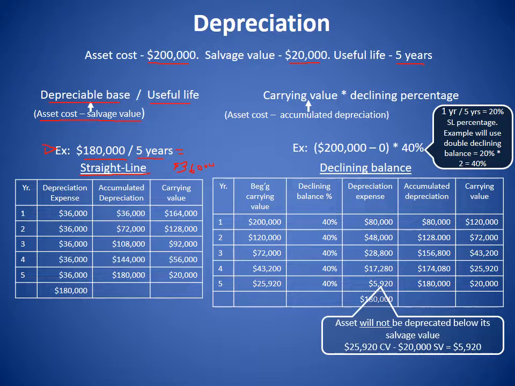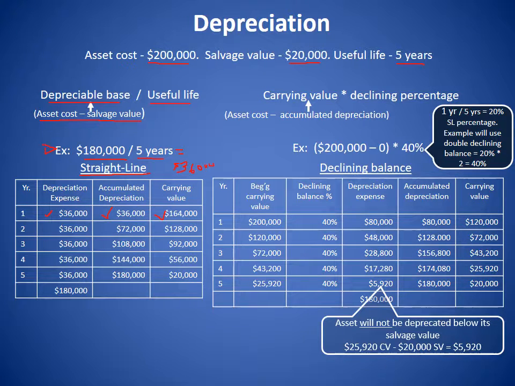We take a look at our depreciation expense for the first year, and our accumulated depreciation is equal to our previous year's depreciation, which happens to be 0, plus the $36,000 depreciation expense added. So our accumulated depreciation is $36,000. Our carrying value then is a $200,000 asset minus its accumulated depreciation. So we now have a carrying value of $164,000.